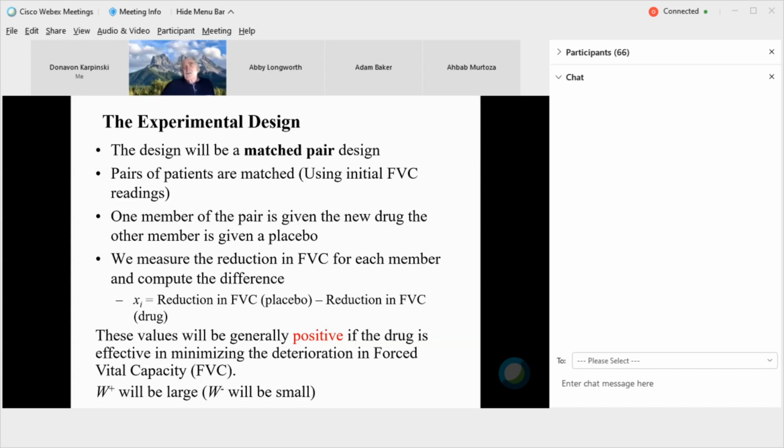We can either use W plus or W negative. W plus will be the sum of the ranks attached to positive values, values greater than 0. W negative will be the sum of the ranks attached to negative values.